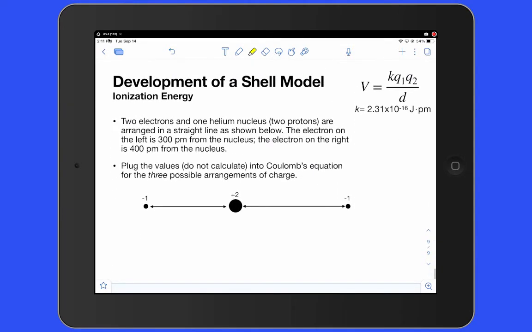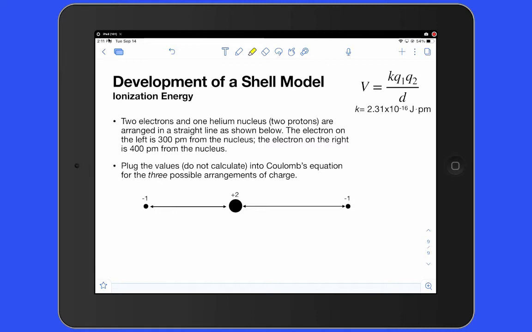Challenge time. You have 2 electrons and 1 helium nucleus. The diagram's down at the bottom. Those 3 particles are arranged in a straight line as shown below. The electron on the left is 300 picometers from the nucleus. The electron on the right is 400 picometers from the nucleus.